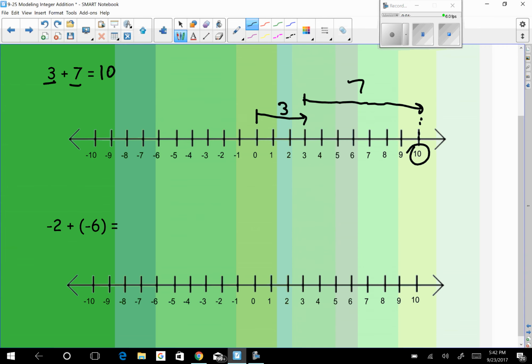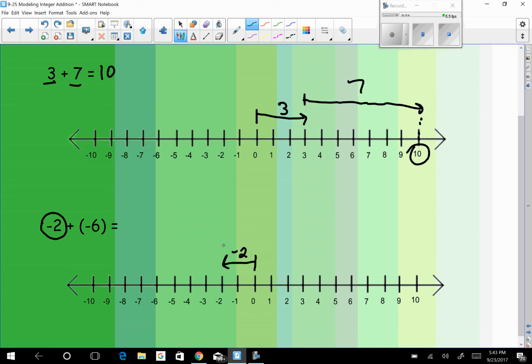Do another example here. Negative 2 plus negative 6. Start at 0. First number is going to be negative 2. Negative 2 means our arrow is going to be 2 units long pointing to the left because that's where the negatives are. So negative 2.